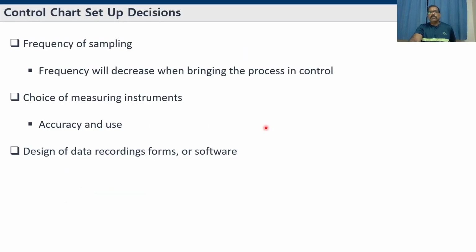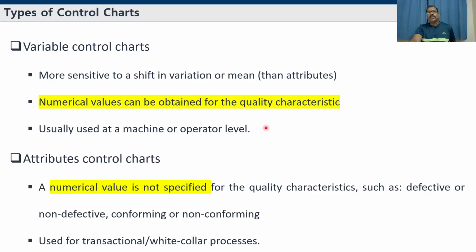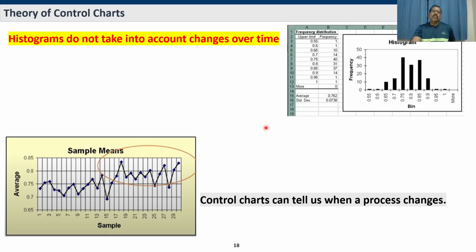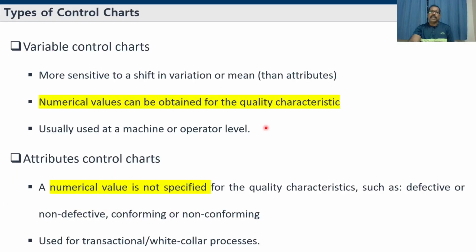Okay, so I'm winding up here. In this video we covered the basics of control charts, and why we should not use a histogram. A histogram does not account for time, but control charts give time and show when the process goes wrong. We also discussed the difference between variable control charts and attribute control charts.